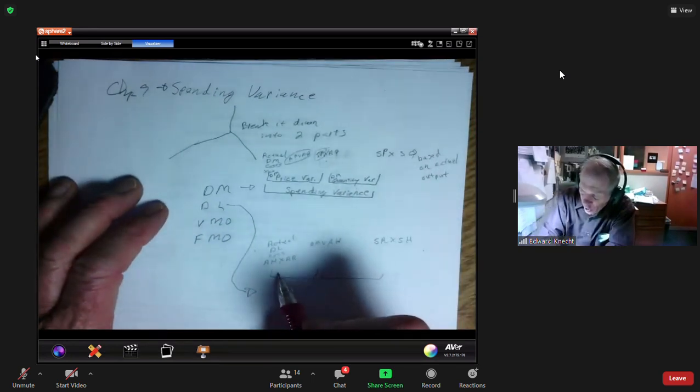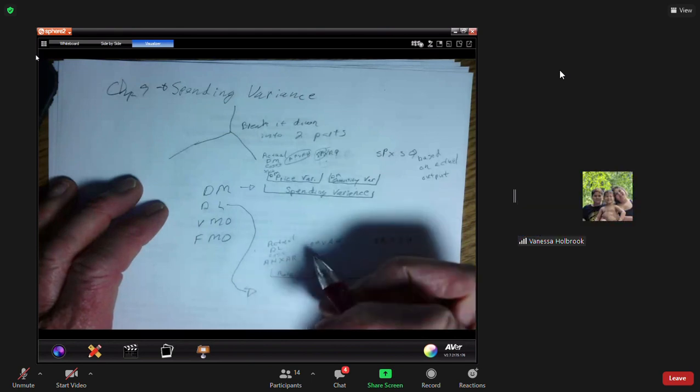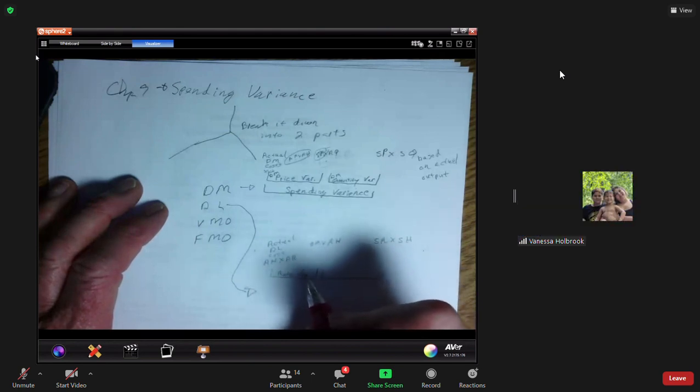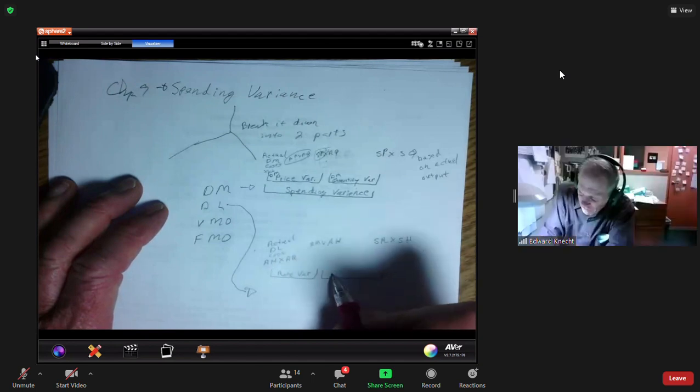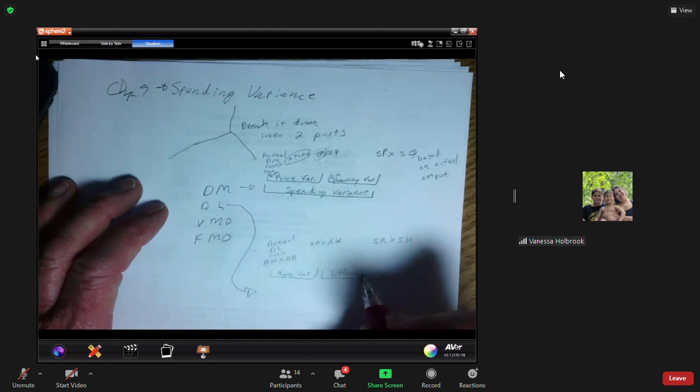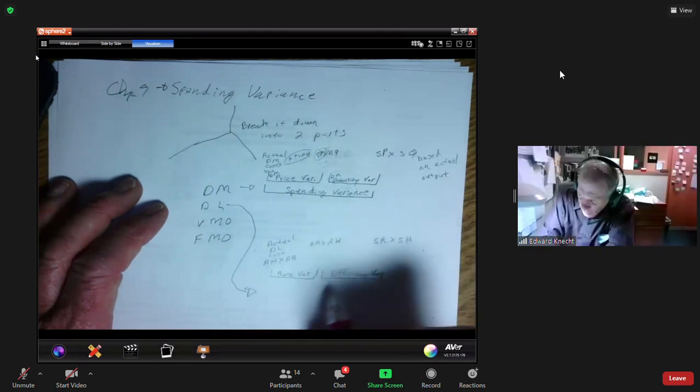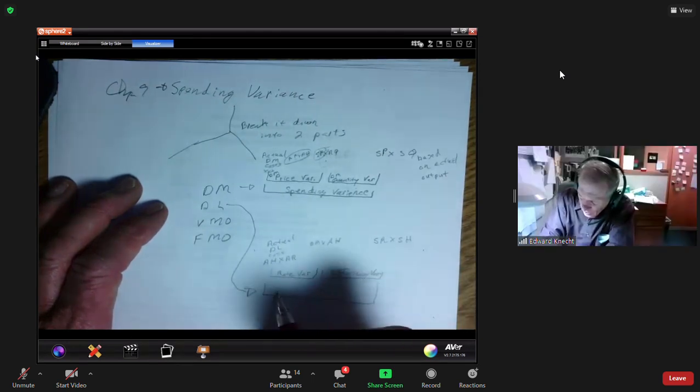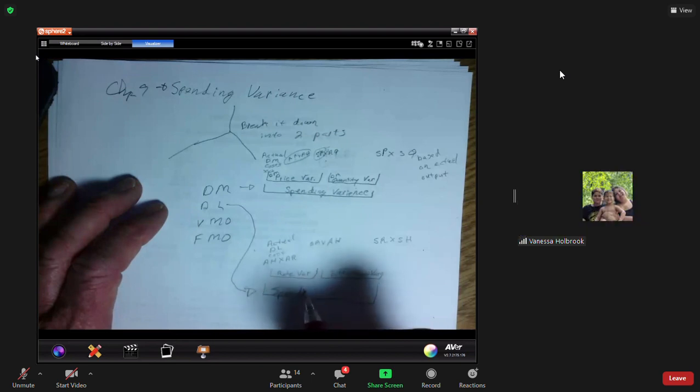So this is called the rate variance. Could be favorable or unfavorable. And then efficiency variance. And the total would be our spending variance.